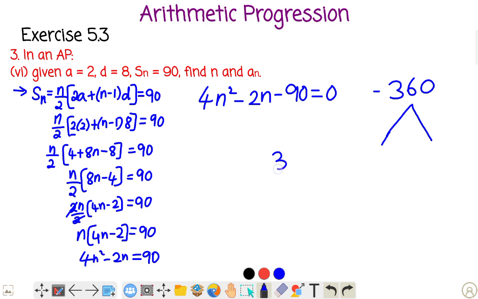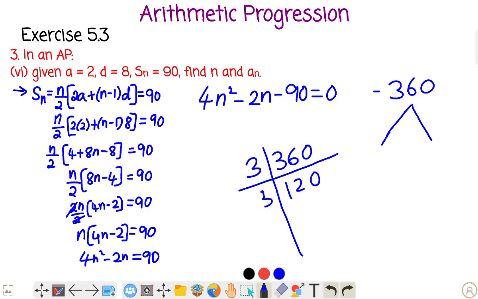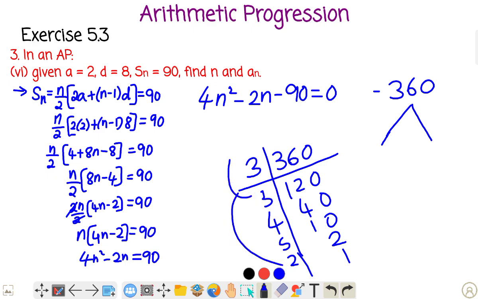So I can take factors for 360; we'll start with 3. 3 ones are 3, 3 twos are 6, 3 threes are 9, 3 fours are 12, then 4 fives are 20, 5 twos are 10... So 9 twos are 18, 5 fours are 20. So if I subtract these two, I'll get minus 2.